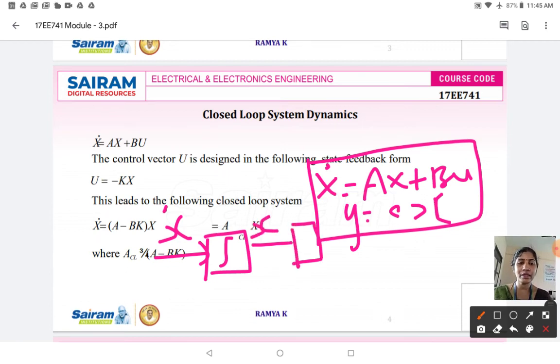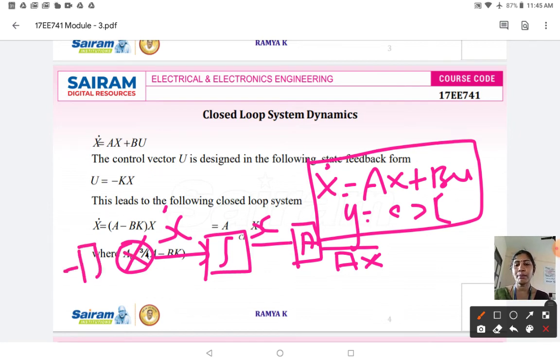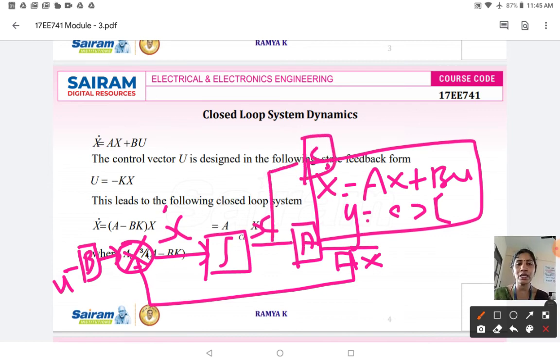When you connect a gain A, the output of this is going to be Ax plus Bu. So you will have one summing point with the gain B. U is your input and B is the gain connected to the input, to the positive terminal. The Ax is connected through the gain A, and the output y is equal to Cx, so I can take the output and connect it with C, and we will get y is equal to Cx.